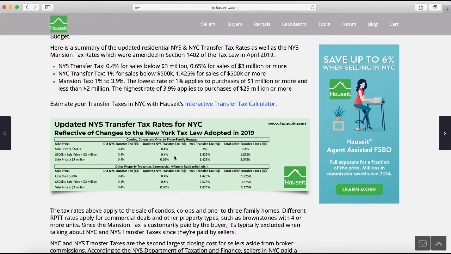One thing to mention about the higher rate of 0.65%, it does also apply to commercial transactions as well as townhouses or homes with 4 or more units, but it actually kicks in at a lower threshold of $2 million for these types of deals compared to $3 million for your customary condo, co-op, and 1 to 3 family transaction.